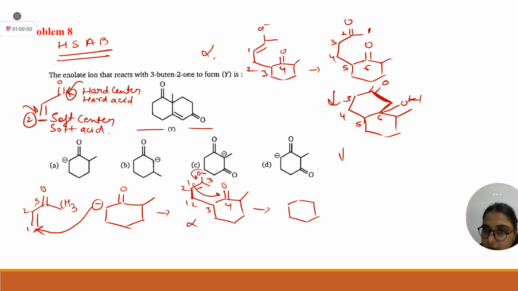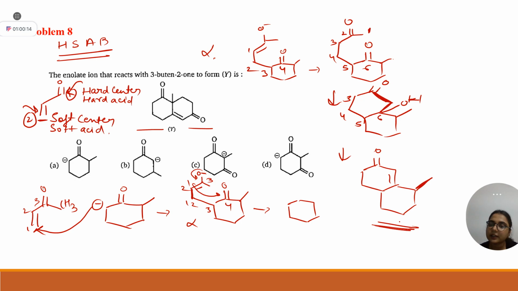This side. So it will be like this. Is it clear? Formation of this in case A. If I have made a mistake anywhere, please tell me. Before telling, just tell me, is this mechanism clear how I have drawn?